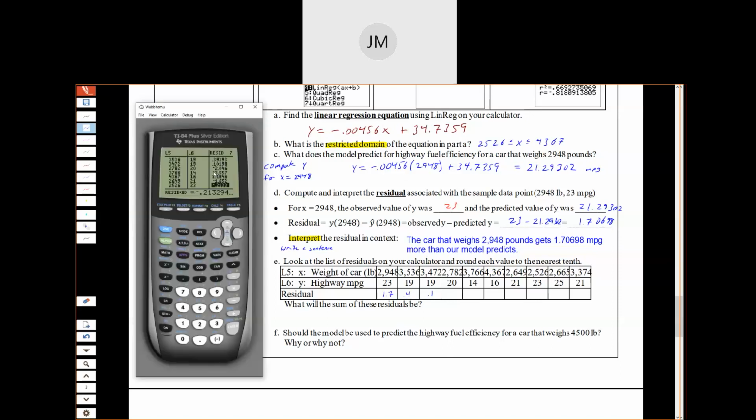Okay, notice that some of them are negative, right? So this next one is negative 2.0, negative 3.6.